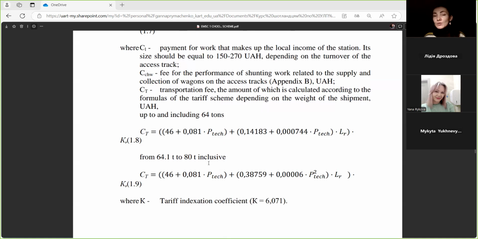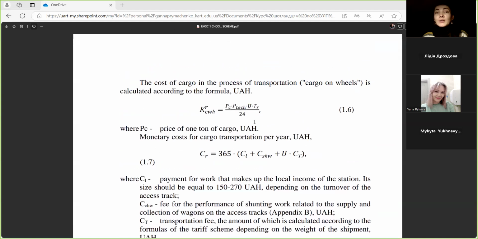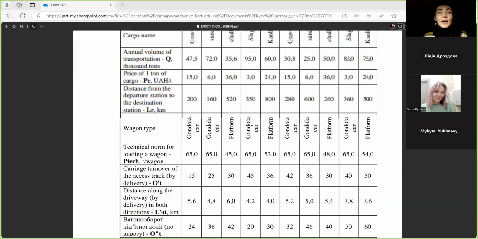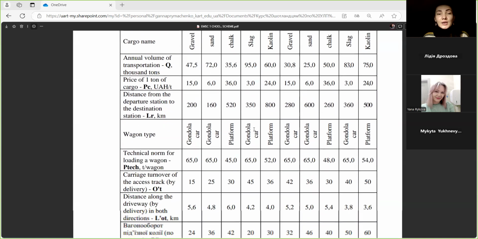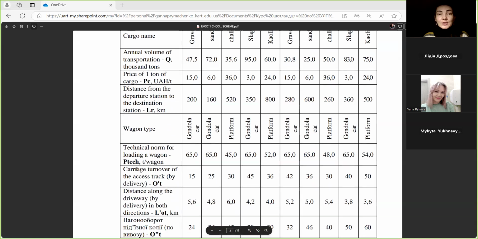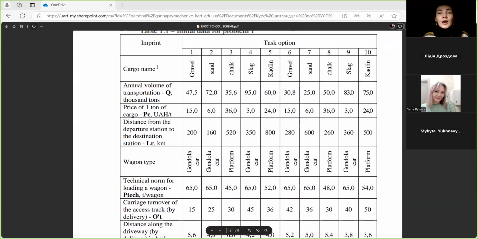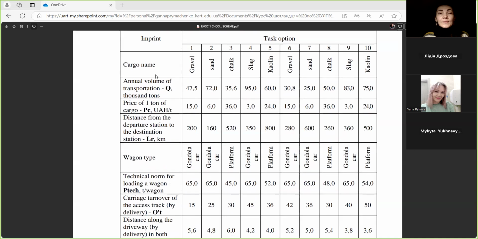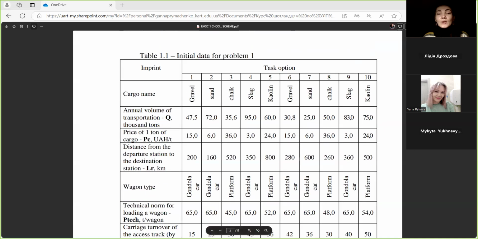Now I will show you, because we did it very fast in previous lessons and maybe you wrote it down or not. So we check this information. P with index stage we find in our table 1.1. I open it and find P with index stage, our last line.